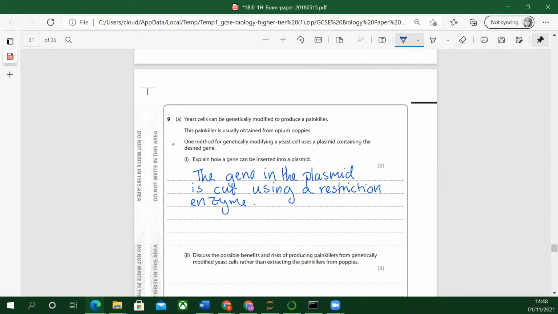Okay, so this is inserted into the yeast cell, using ligase. Very similar to when you make insulin.